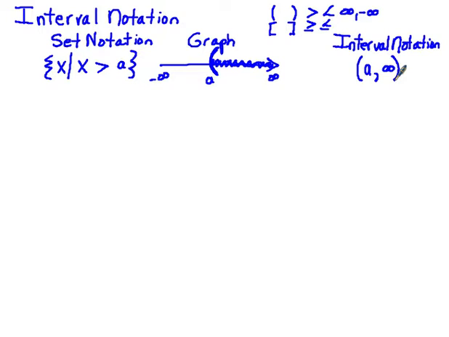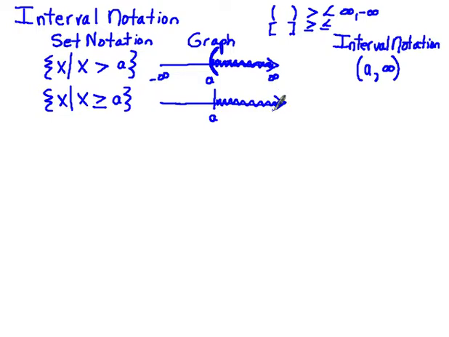Alright? So, let's look at set notation if I have x greater than or equal to a. Same kind of deal. Greater than or equal to means I'm going to shade to the right.